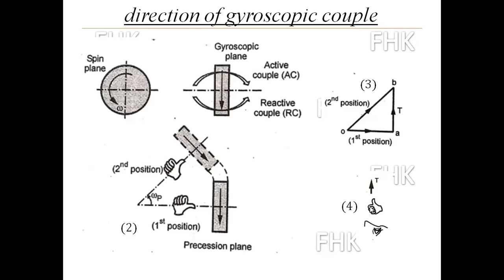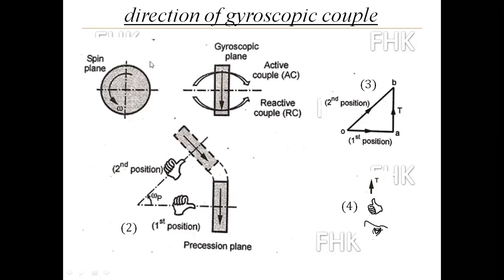At the same time, the tip of the curling finger is showing the direction of the active couple. Looking from the bottom at your right hand, you can see the curling finger rotating in clockwise direction. So I will draw the active couple in clockwise direction. When the active couple is clockwise, I will draw the reactive couple in anti-clockwise direction. We are concentrating on the reactive couple, and we have to find its direction.